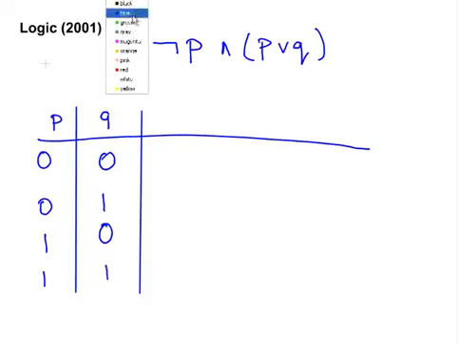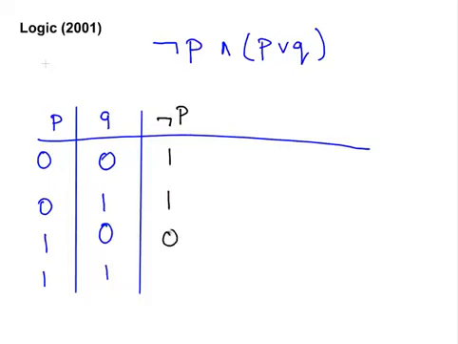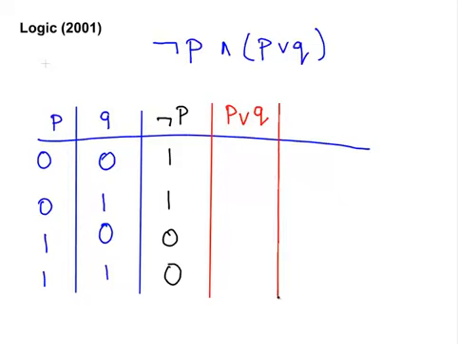Now the next thing I'm going to do, I'll do this next one in black. This is not P, and that is 1, 1, 0, 0. The next one I'm going to do is P or Q, and that's just using a basic definition. So where do we have P or Q?